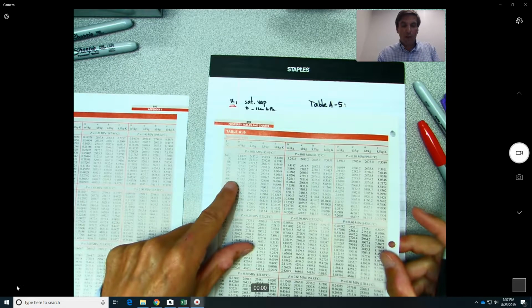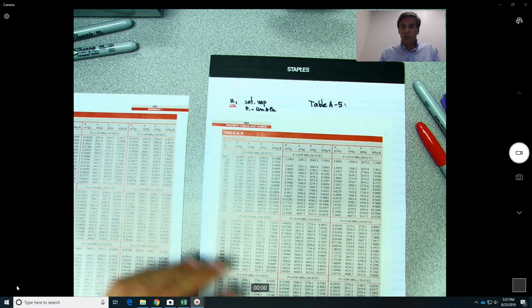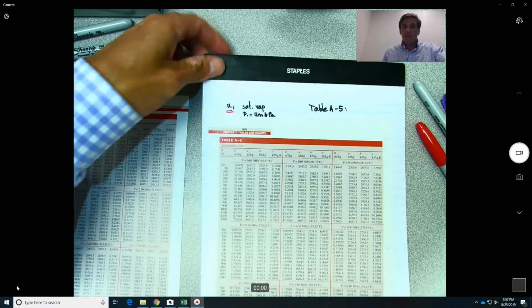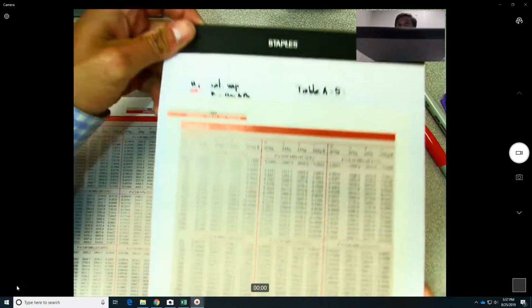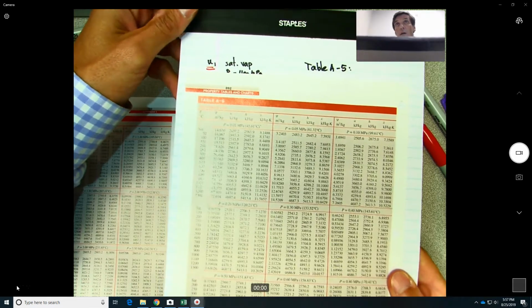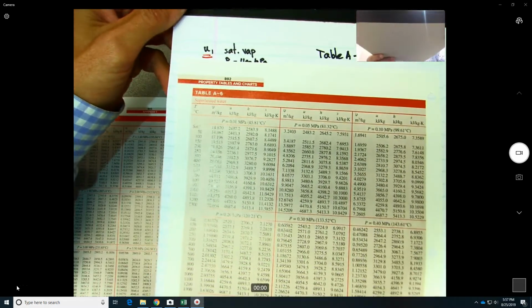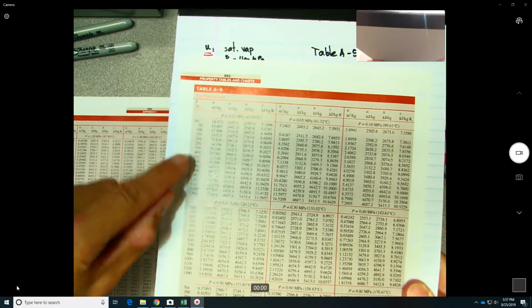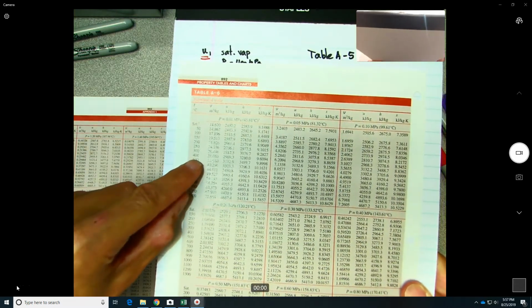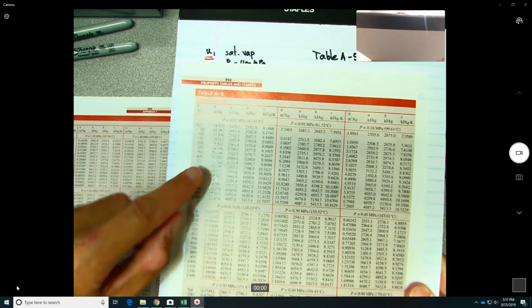You look at 400, you start looking at the V's. Again, really hard to show that. Let's see if I can approach it. Okay, basically you look here, the temperature will be 400, and try to look here the first column, which is the V's. I know it's not clear on the video.